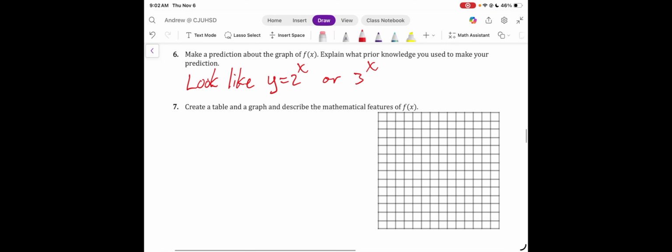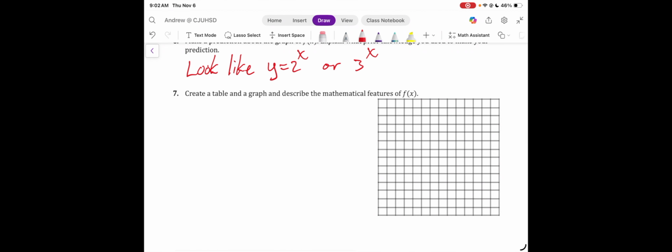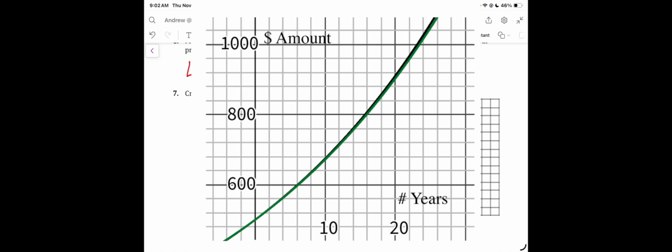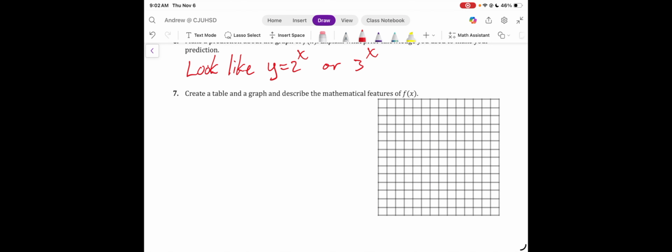It says create a table and a graph and describe the mathematical features of f of x. This is a great thing to do on Desmos. And so when they talk about features, they're talking about domain. So domain is going to be negative infinity to infinity.